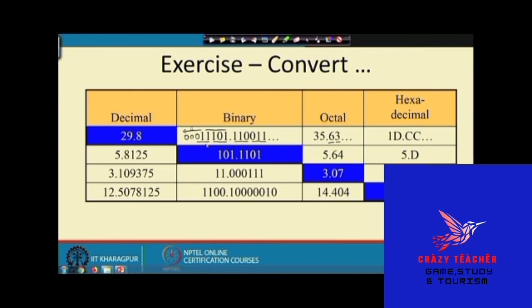But for computer systems there is finite storage, so you cannot represent infinitely many bits after the decimal point. We have to stop at some point. If we stop after so many bits, this is 0.001001. For the portion before the decimal point, you divide by 2. For the portion after the decimal point, you multiply by 2.